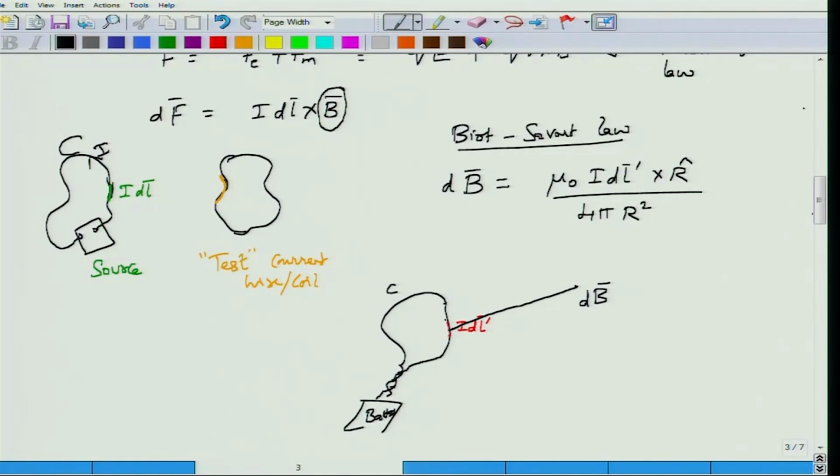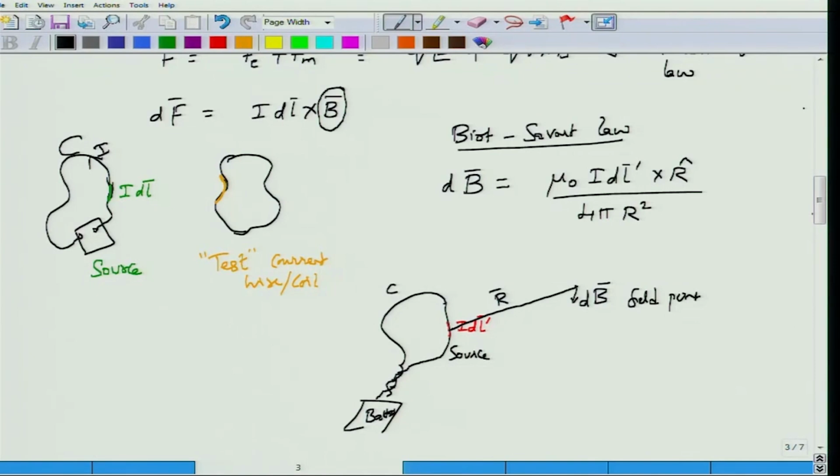One vector is dl prime, which is going in the direction of the curve or the circuit, and the other vector is the vector that joins the 2 points. This is the source point or the current point, and this is the field point. Okay. So, the vector would actually be dl cross r, and therefore, this vector would be in the direction perpendicular to the plane that contains both I dl as well as r. R is the vector distance from the source point, the current element I dl prime, to the field point where I am looking.